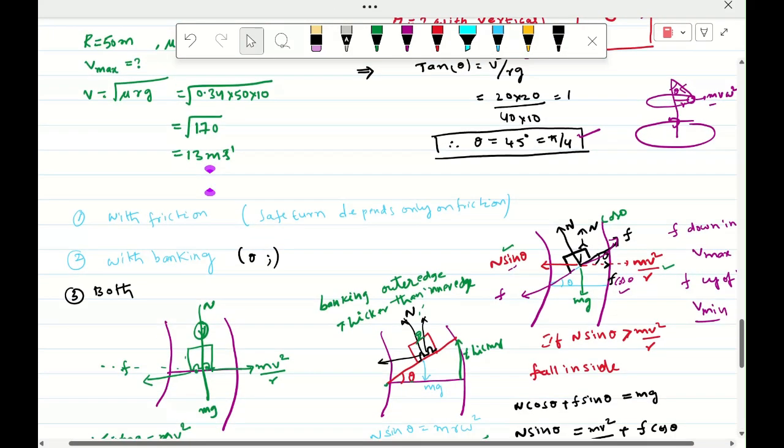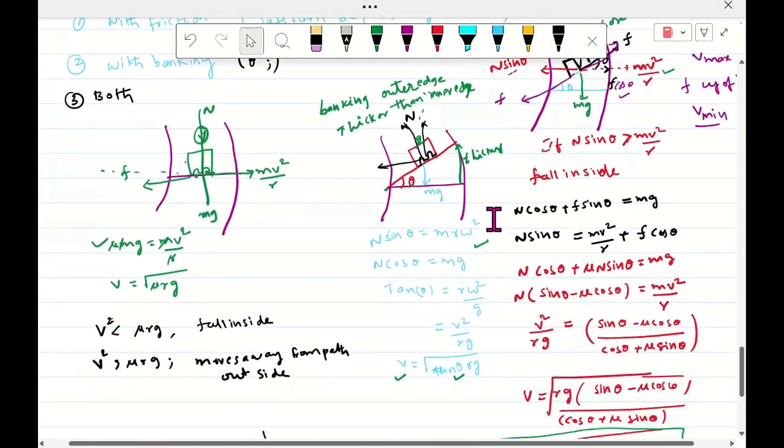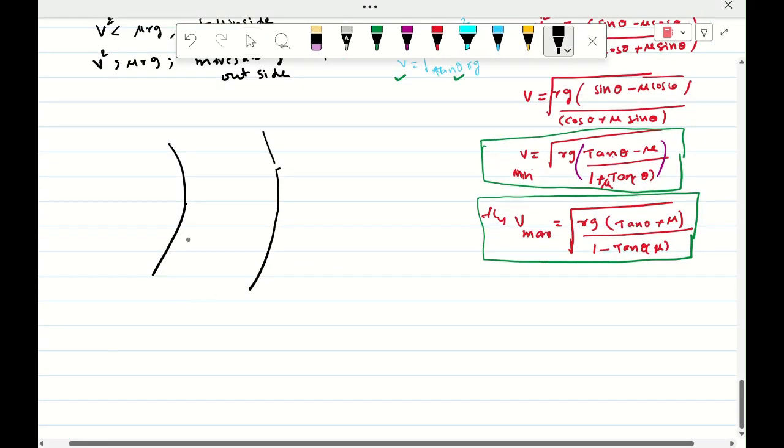In this problem we have taken a horizontal road, moving in a horizontal circle. Now coming to the same model, if the vehicle is moving on a banked road, the circular path has radius R. The car is here, and on the roof a mass is suspended.